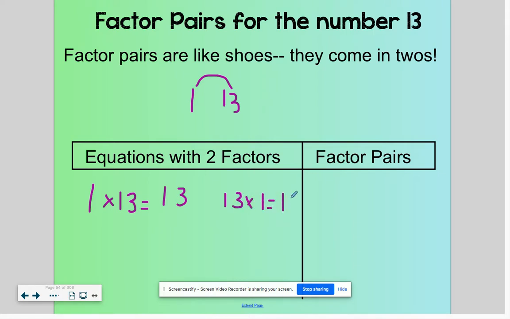So the number 13 only has 2 factors and only one factor pair, which is 1 and 13. So remember, you can use a factor rainbow to help you come up with all of the possible different factors for a number, and use factor pairs come in twos, in order to write down all the factors as well.